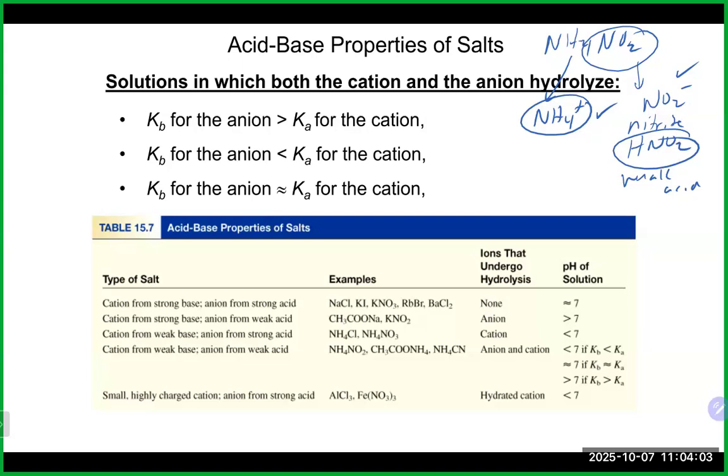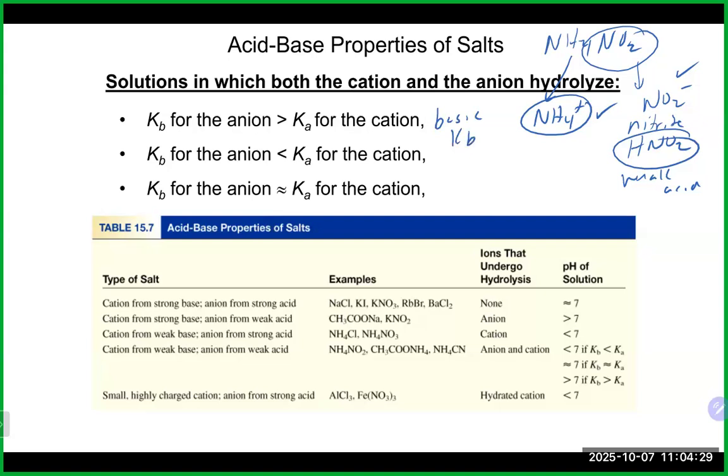Obviously, the calculation is a little bit complicated in that situation. So typically what we do for that situation is we compare the Ka value to the Kb value. If the Kb value for the anion, the negative one, is greater than the Ka value for the cation, we would assume that this would be basic and you would do the Kb calculation.